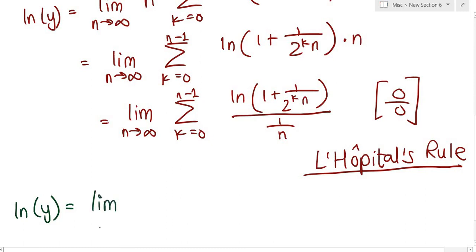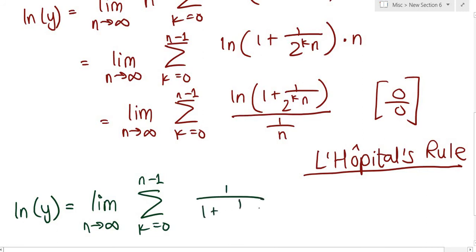So we have the limit as n approaches infinity, the sum stays the same, the sum from k equals 0 to n minus 1, and then we differentiate the natural log. We get 1 over the argument, which is 1 plus 1 over 2^k times n, and then the derivative of the argument.